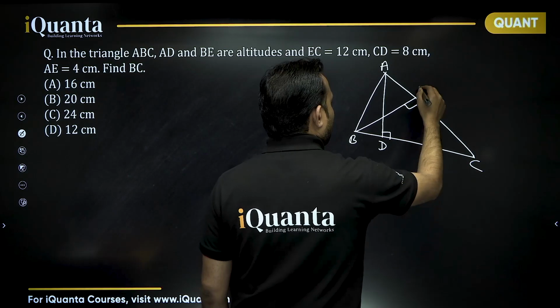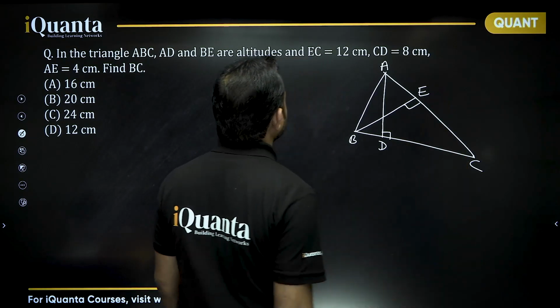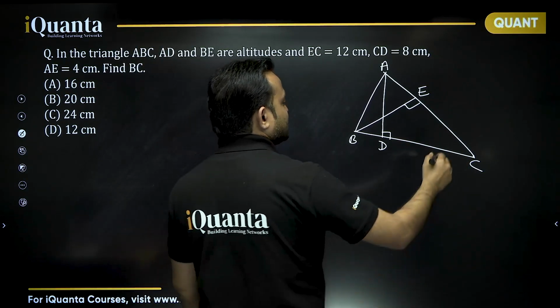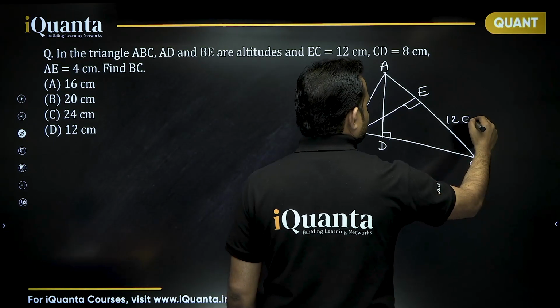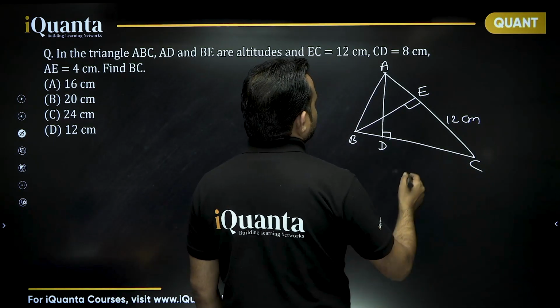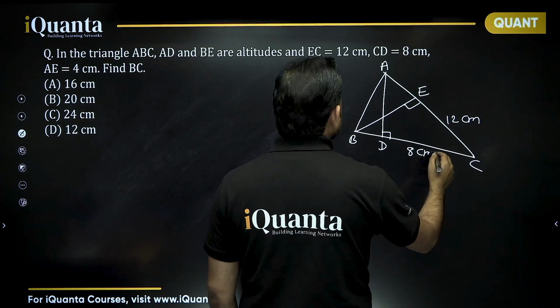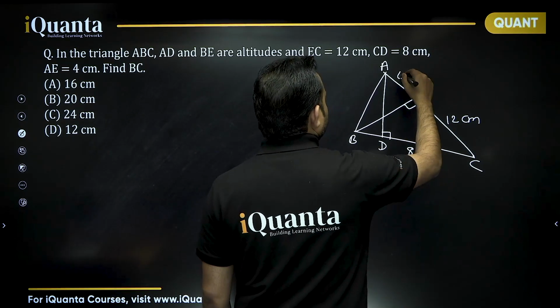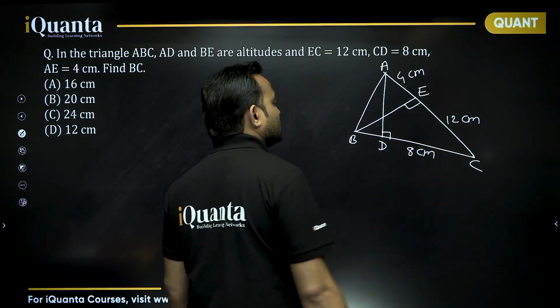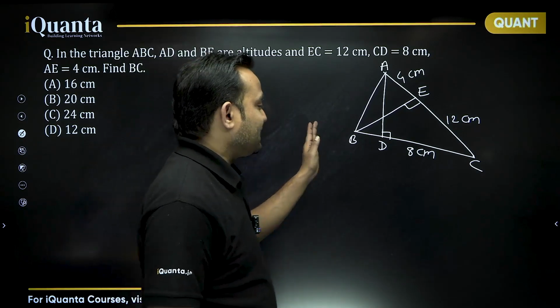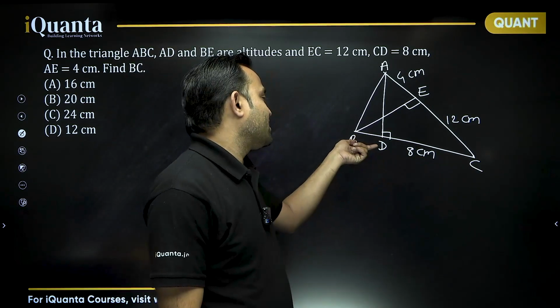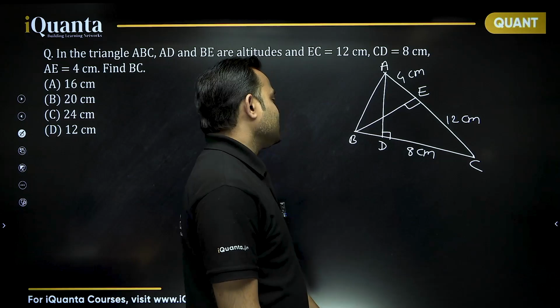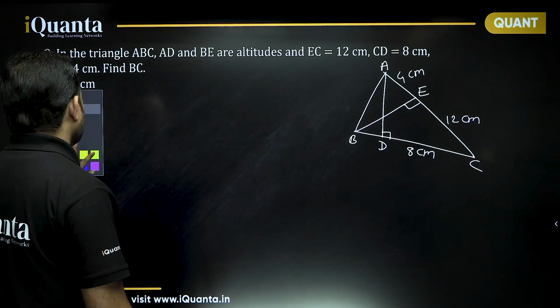This is D, this is E. EC is given, which is 12 centimeters. CD is given, which is 8 centimeters. And AE is given, which is 4 centimeters. So what do we need to find? We need to find the length of BC, or if we are able to find BD, we can say what the length of BC will be.